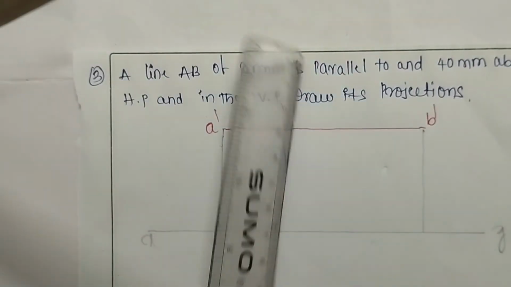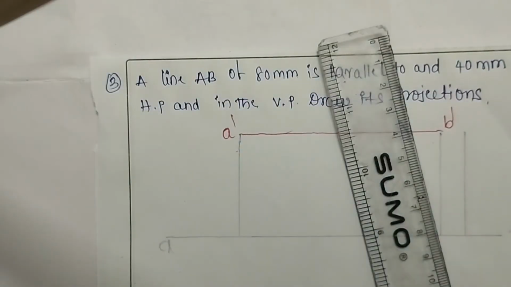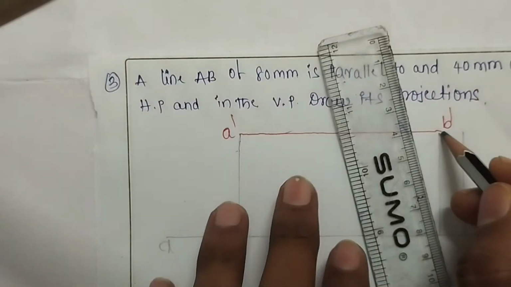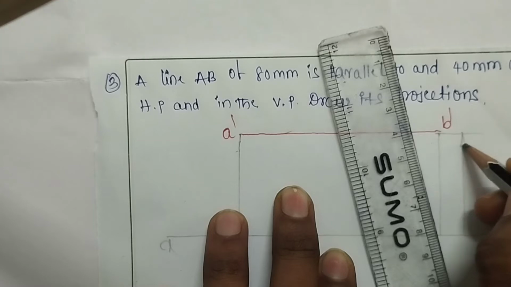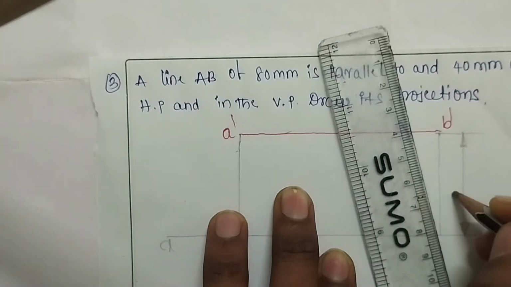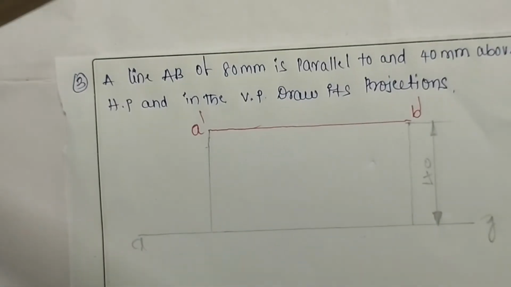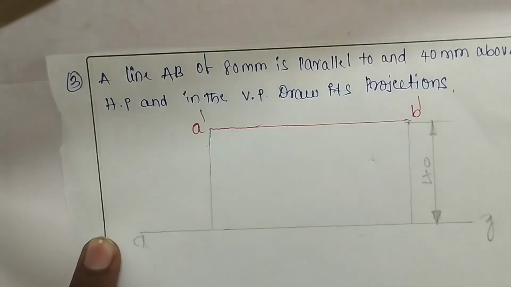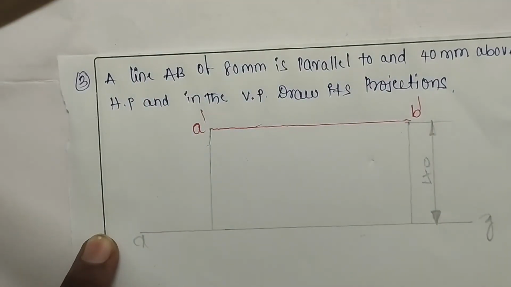The respective height from here to here is 40, and the length A dash B dash is 80 mm.